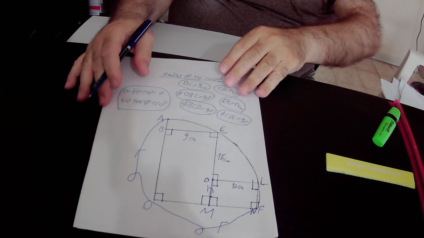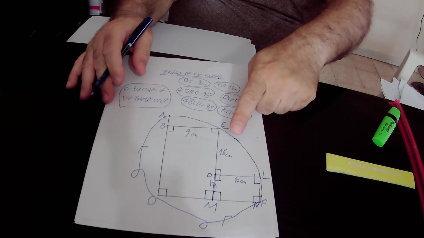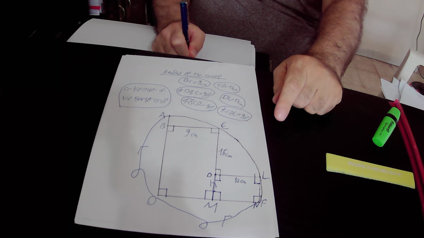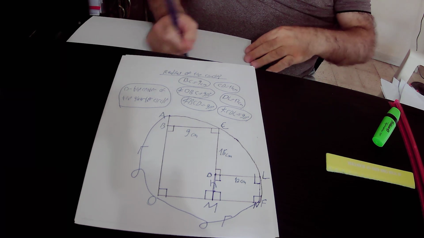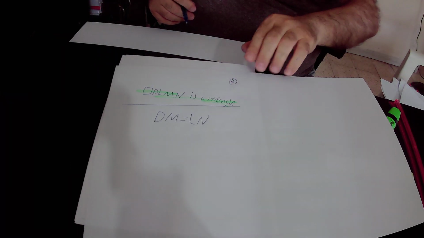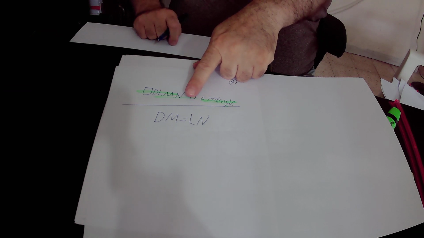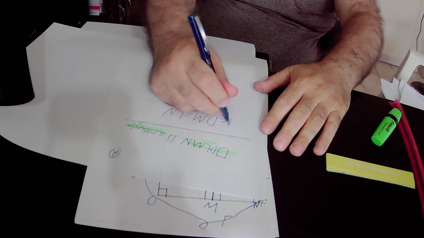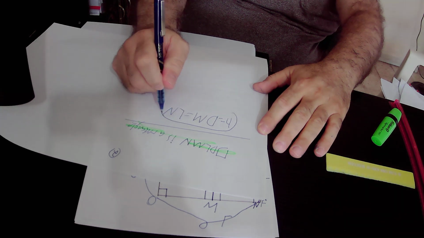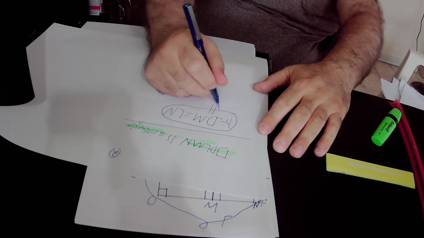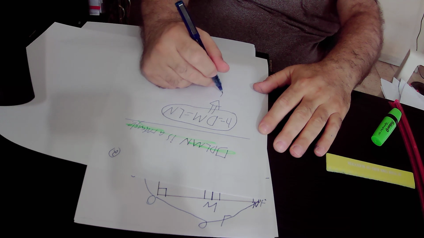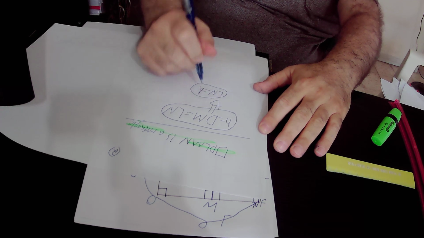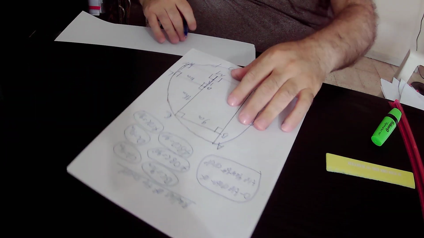According to the rule, DM equals LN. But DM equals h, so from h equals DM equals LN, we derive that LN is also equal to h. Here I can write down that LN equals h.